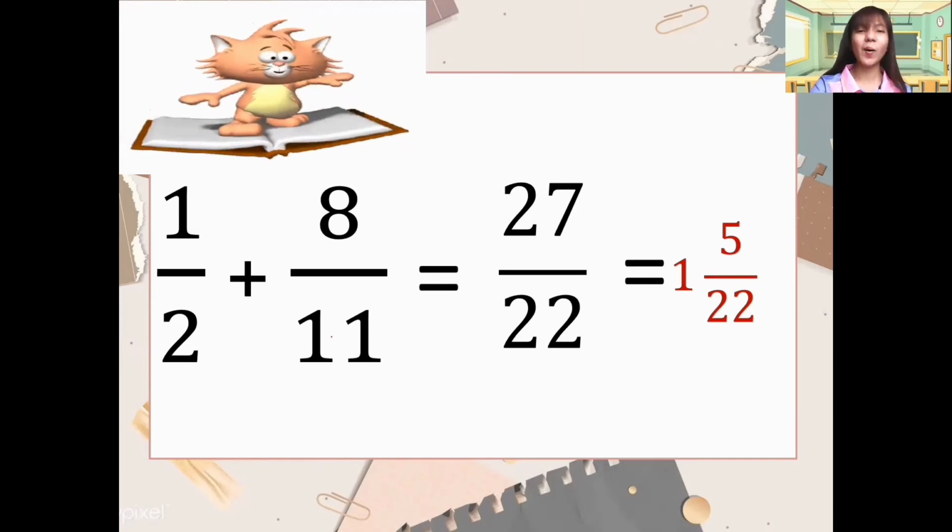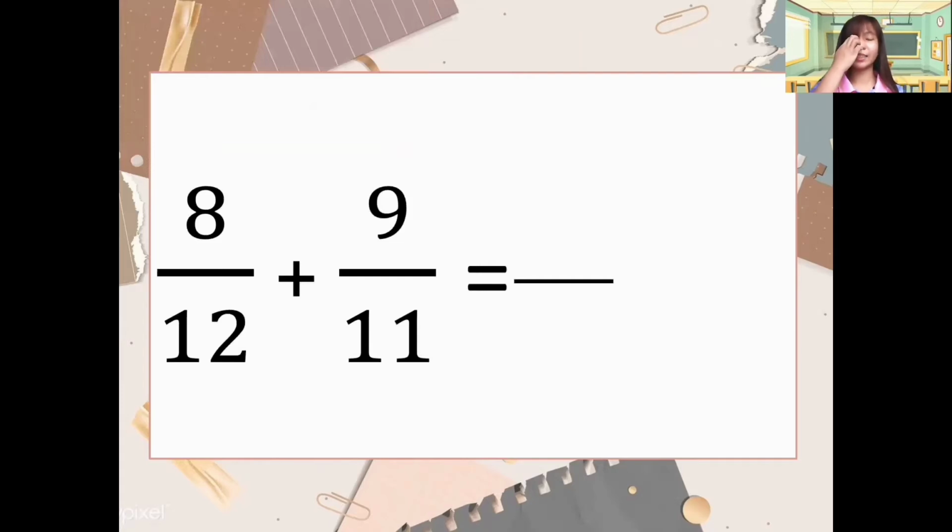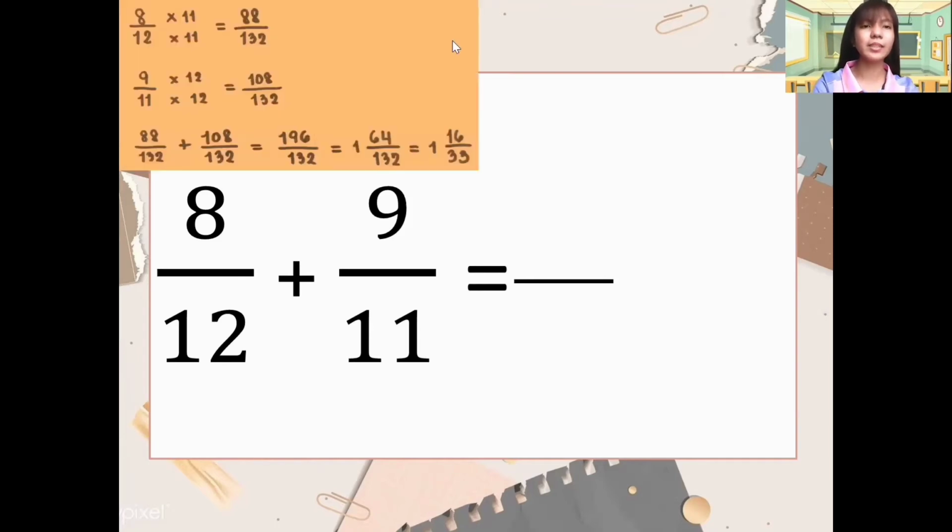Okay. So next, another exercise. Alright, so we have here 8 over 12 plus 9 over 11. So this time, this is how you're going to solve this problem. 8 over 12, and then we have 9 over 11.